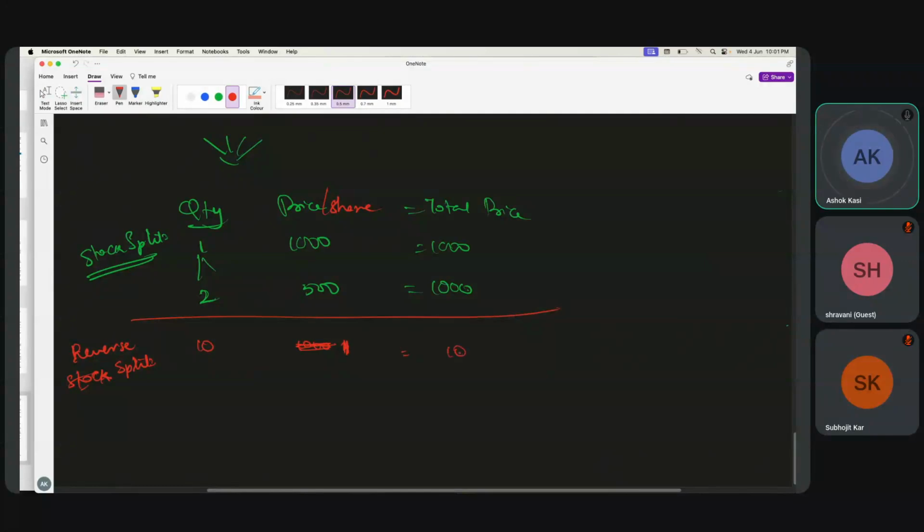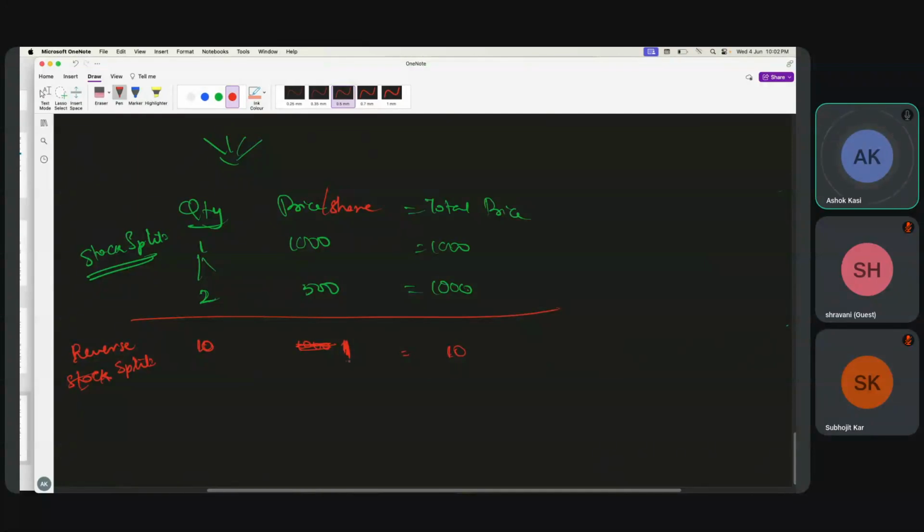So the total amount will be 10. Now this company is worried that when the price per share is 1 rupee, suppose COVID happens, war happens, and the price comes down to 50 paise, 40 paise, 30 paise, and then if it comes to zero, the company will be delisted from the stock exchange because its market value will become zero.